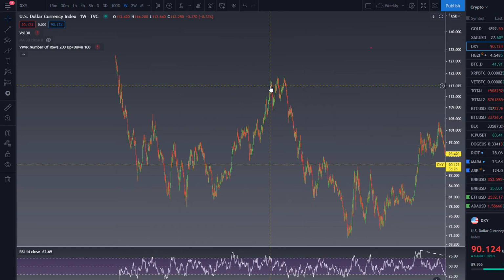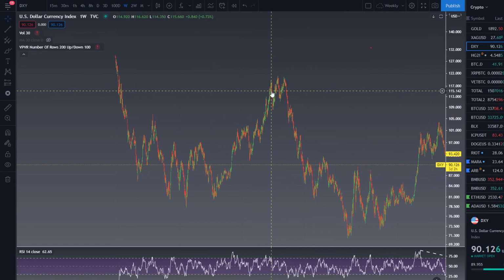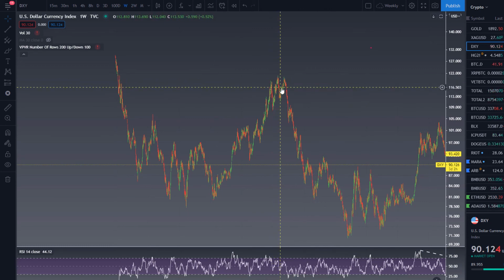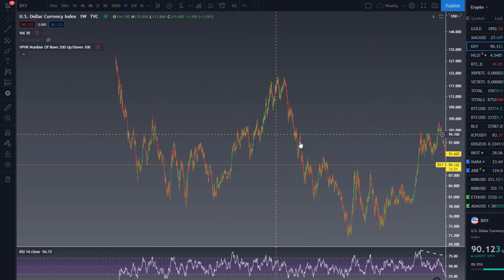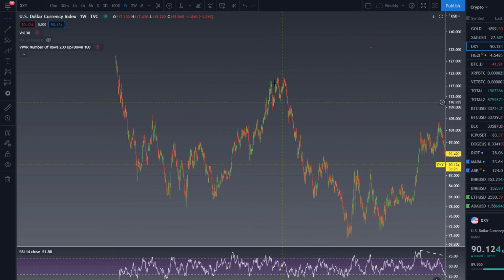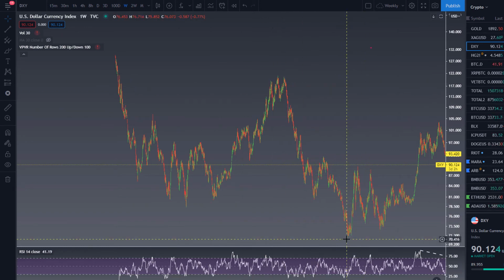So I can't stop looking at it, and for me now, it is the perfect time to short, or it's the perfect time to wait for a crash to buy a dip, right? Because this is the best example of when this bearish signal led to the massive crash in the US dollar from February the 2nd through to February the 8th.